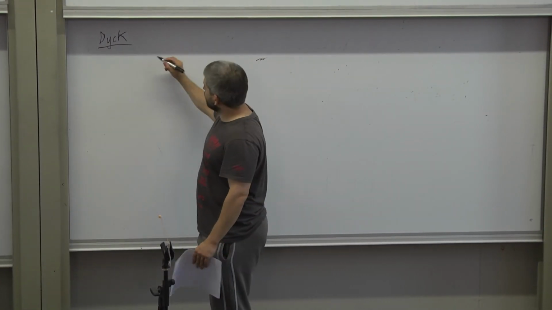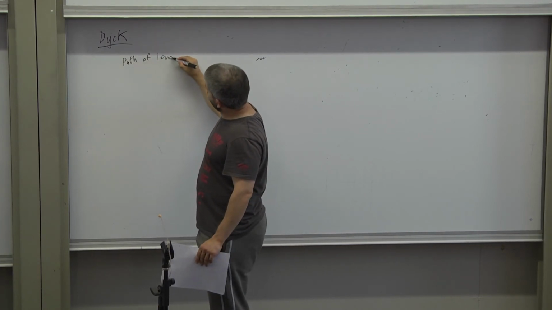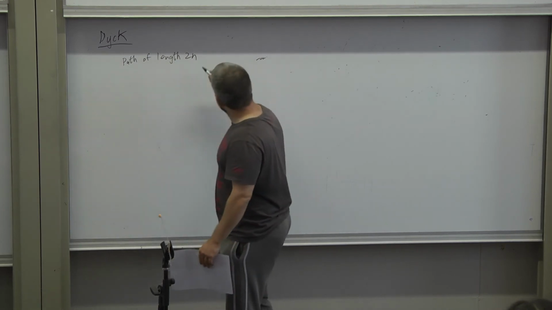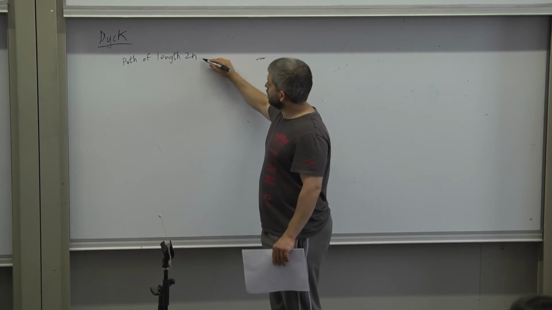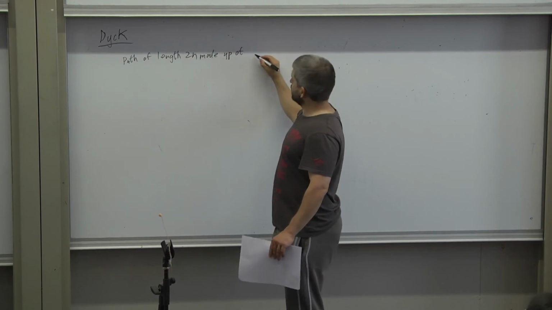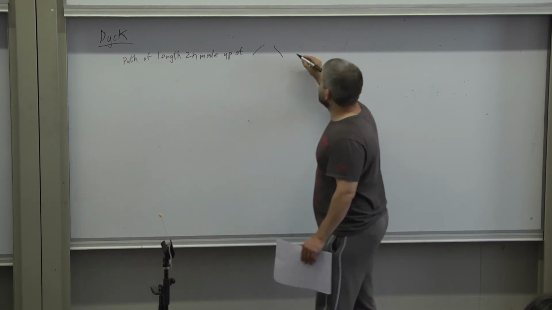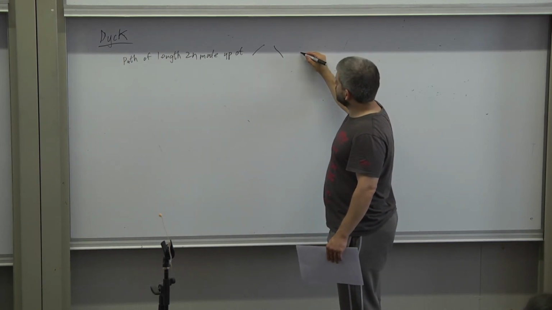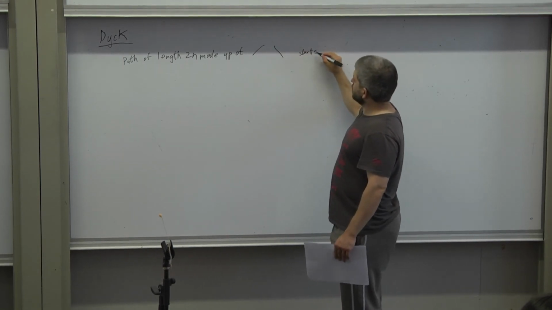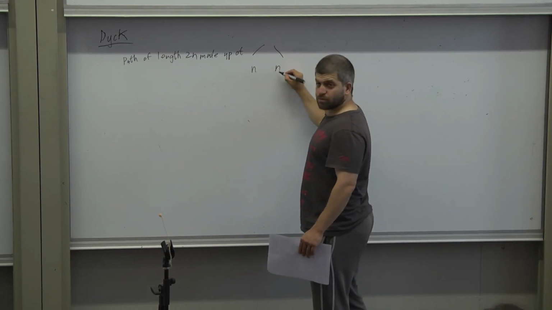So, this is a path of length 2n made up of diagonally up and diagonally down steps, n of each.